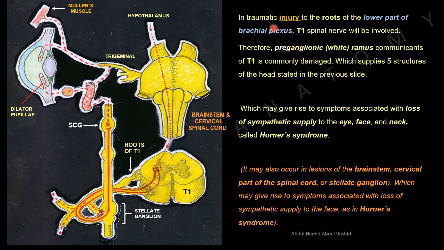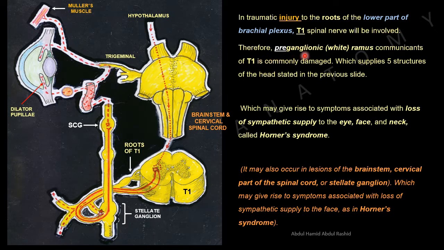In traumatic injury to the roots of the lower part of the brachial plexus, the T1 spinal nerve will be involved because this is one of the roots of the brachial plexus.